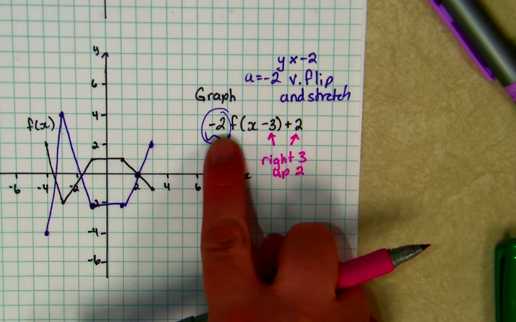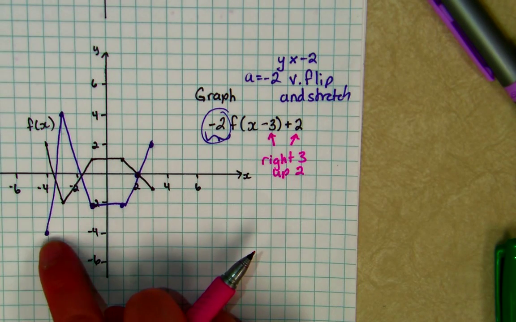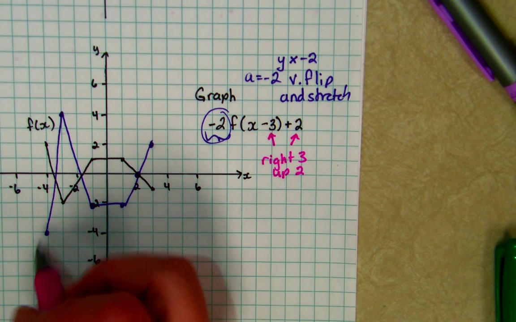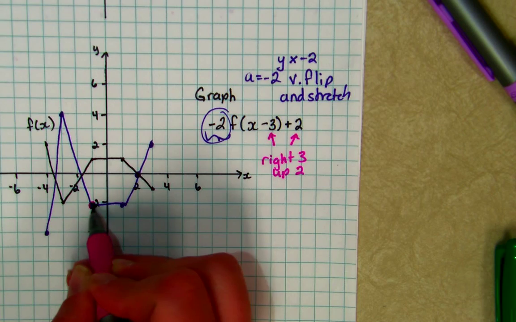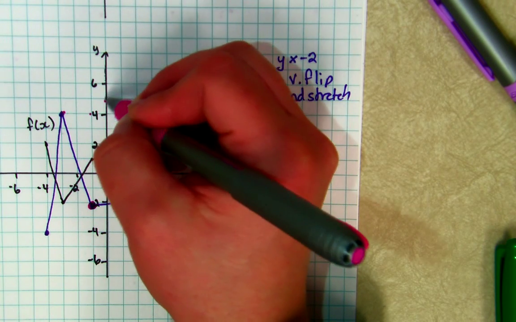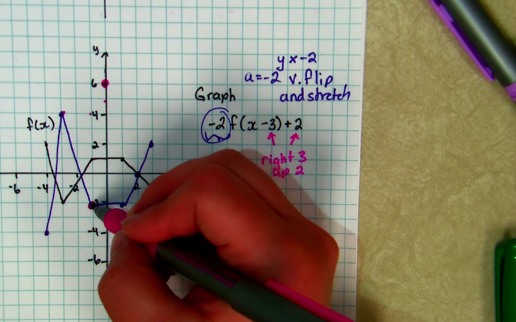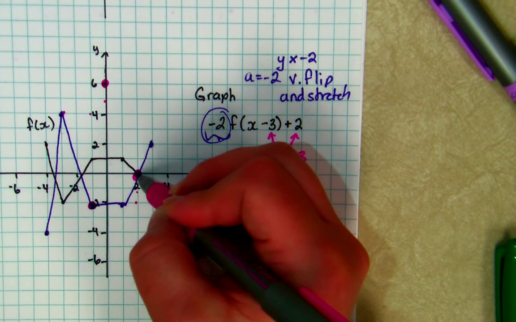Because I want all these numbers applied together for my final answer, I'm going to work now from my blue graph, and I'm going to take each point and I'm going to go right 3, up 2. I'm going to go to the next point, right 3, up 2. Find my next point, which was here, right 3, up 2.